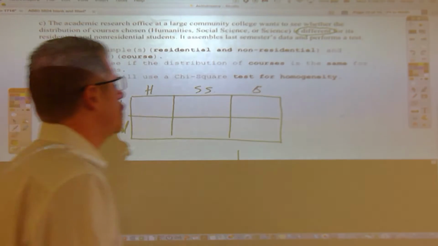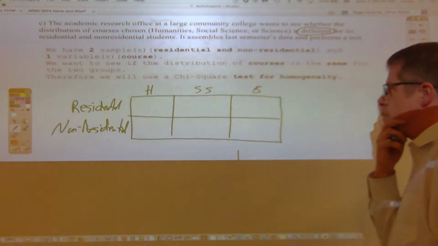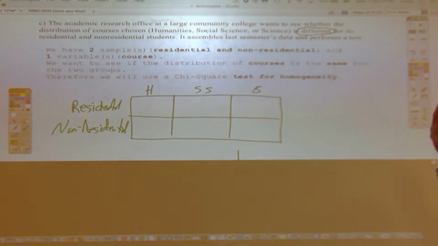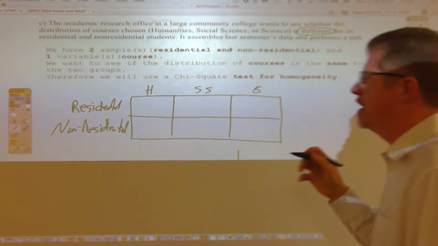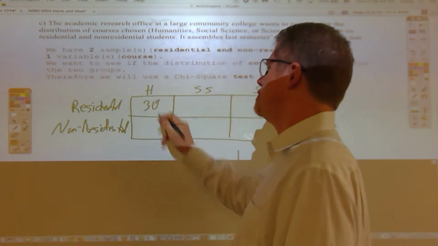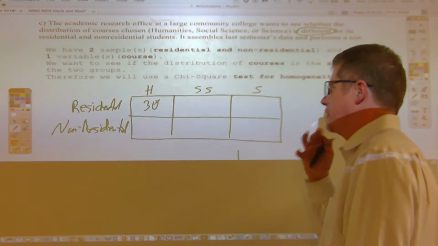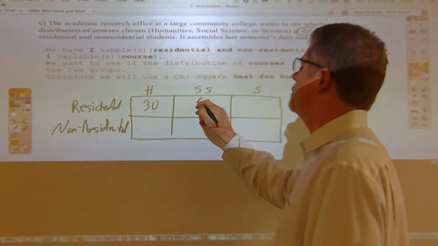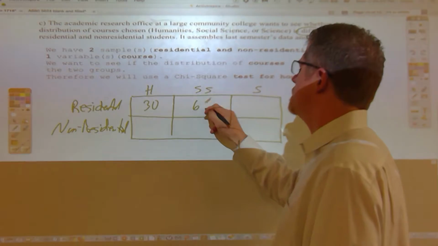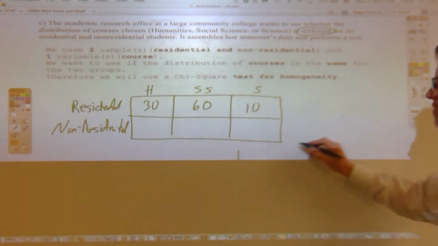Now, suppose for the 100 residential students, or let's say 100 courses are taken among the residential students, the residential students signed up for 30 humanities courses, 60 social science courses, and 10 science courses, okay?